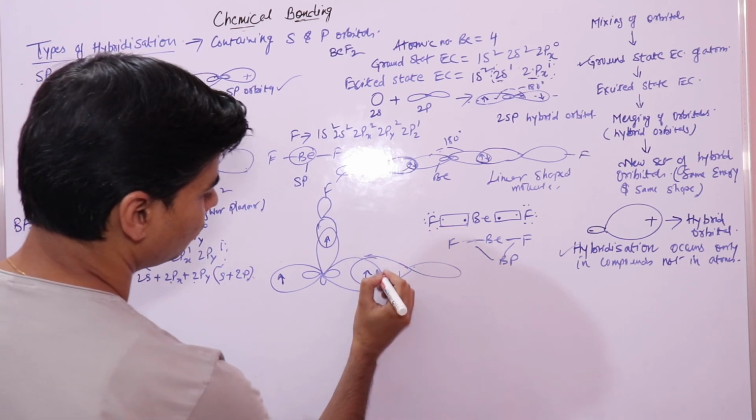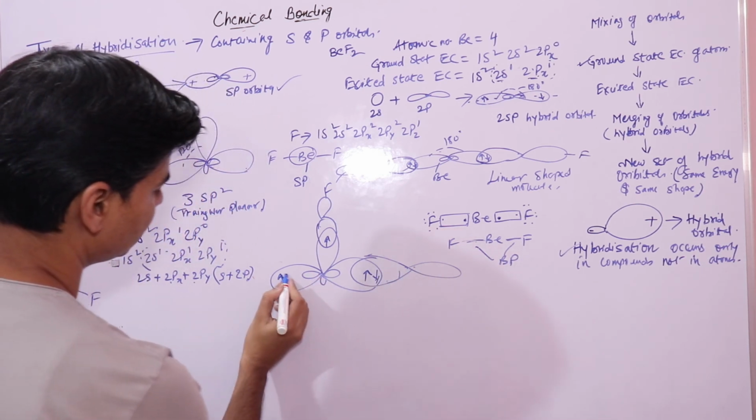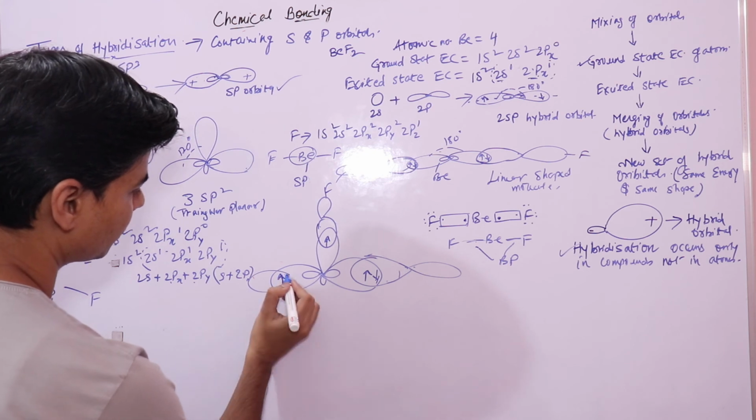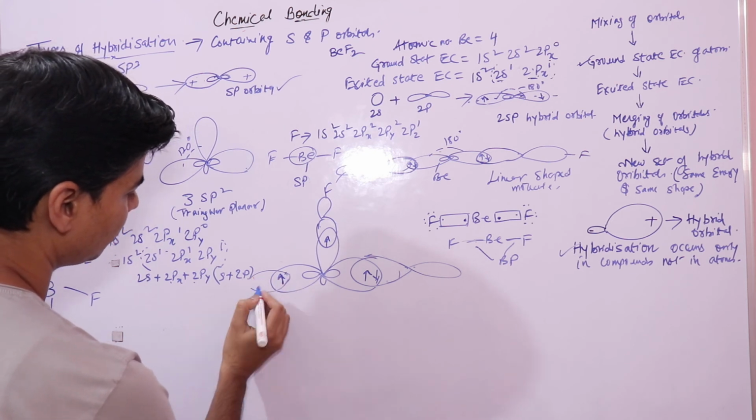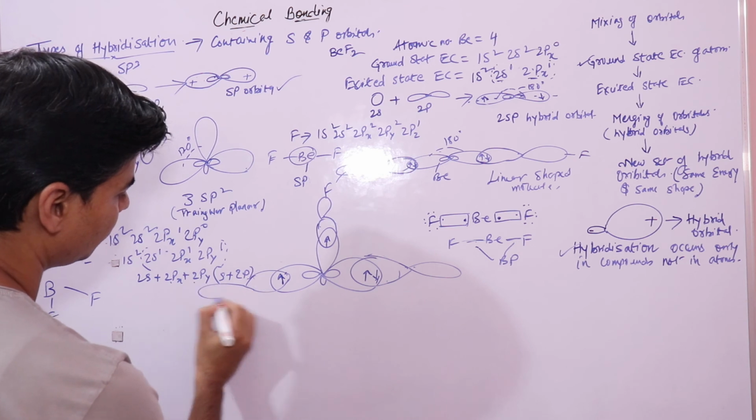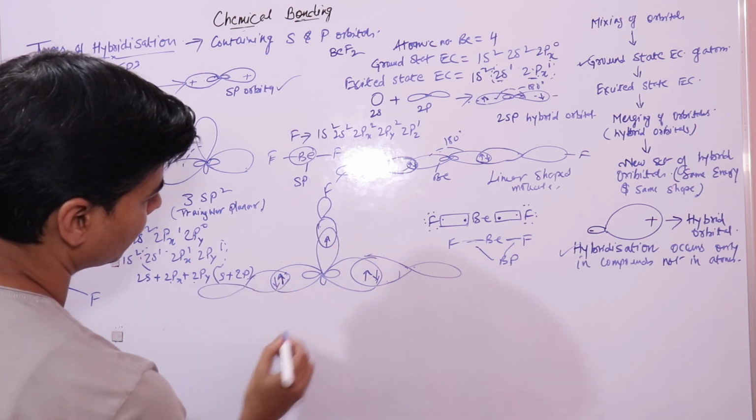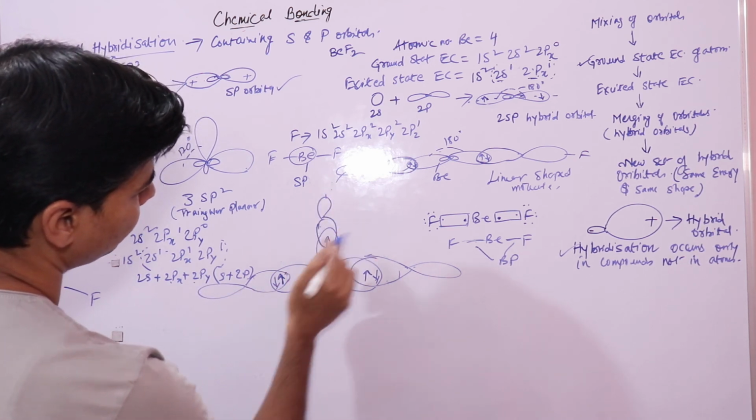This is your fluorine atom, right? Similarly here, this is your fluorine atom, right? So three fluorine atoms have overlapped.